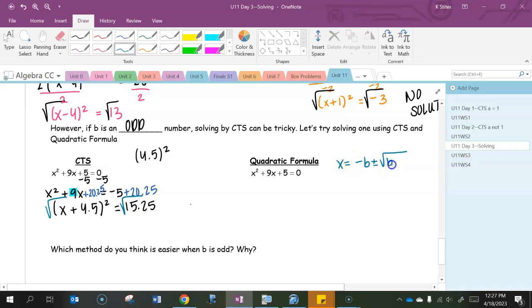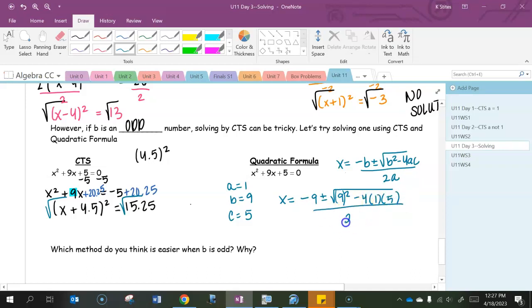So let's look at quadratic formula here. This is something we've done previously. Our a value would be 1. Our b value would be 9, and our c value would be 5. So we would do x equals opposite b plus or minus the square root of b squared minus 4ac all over 2a.